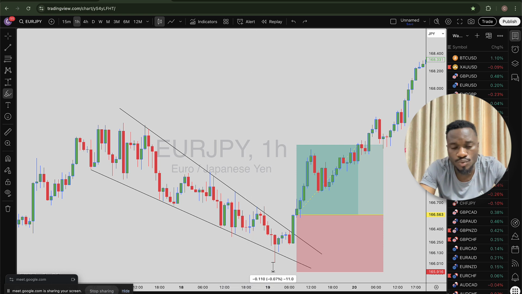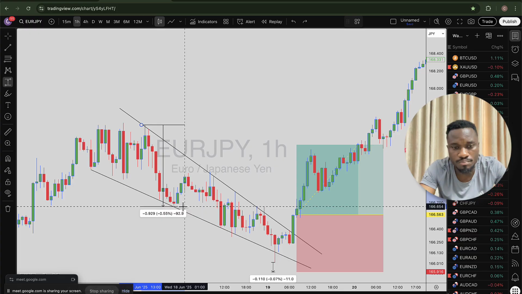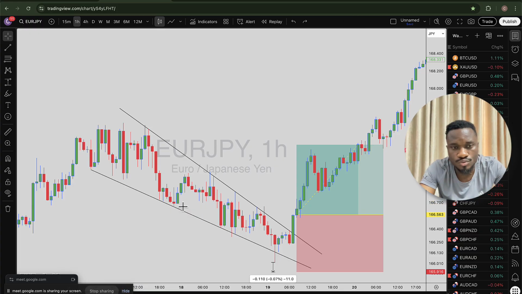So based on what we have right here, if we should measure from this low all the way down right here, that is almost 100 pips, minus 100 pips right here. Of course, if we were to measure from right here to this level, it's not possible because of the way this pattern was being formed.